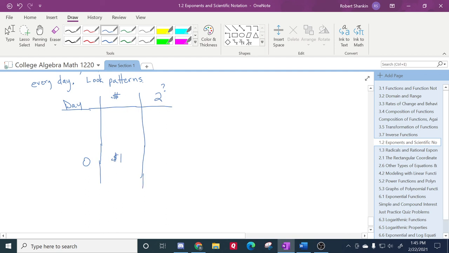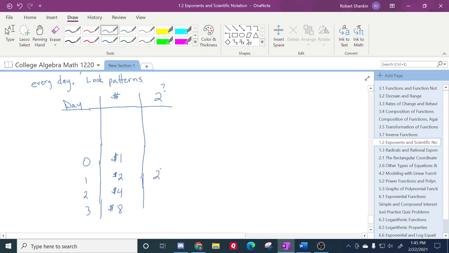Now I don't know what 2 to what power that is yet. Let's say we don't know that at this point. But if I double the money every day, then on day 1, clearly I have $2. On day 2, clearly I have $4. Day 3, I just keep doubling the previous day's. I have $8.